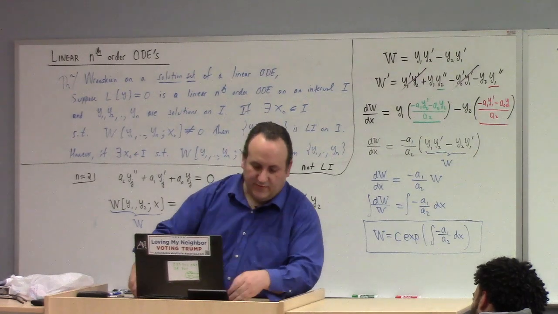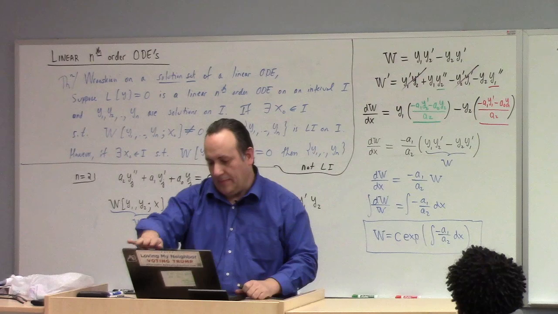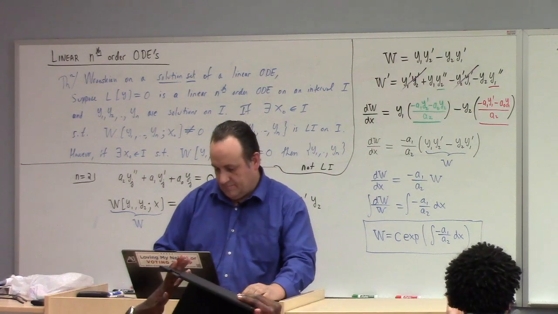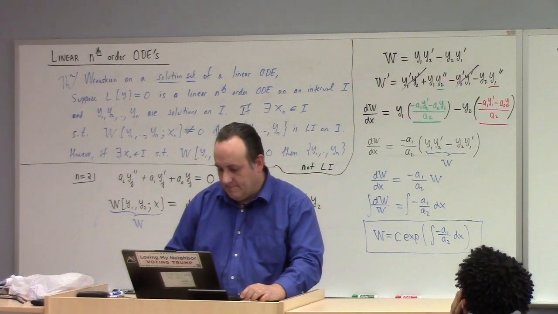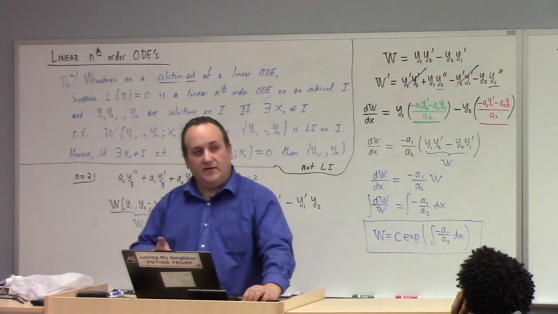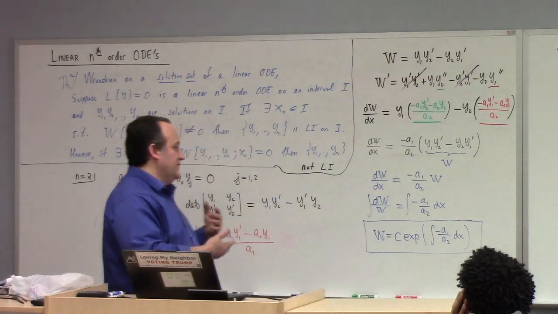Well, that is why we have a projector. So we can utilize this formula instead of doing the determinant to find whether or not it's linearly independent or dependent. Oh, that is true. Good question. Could you calculate the Wronskian for a solution set this way?